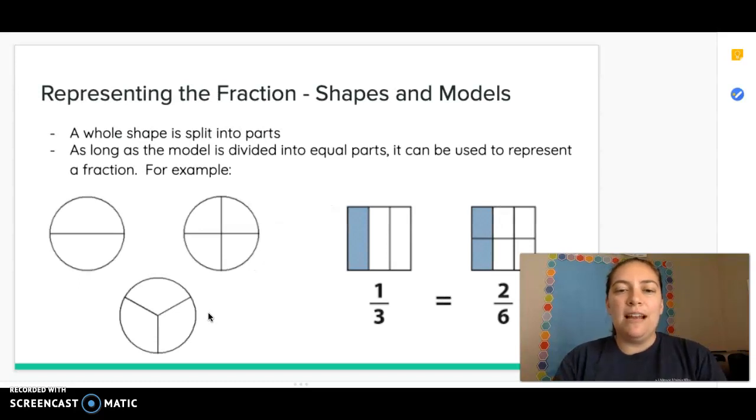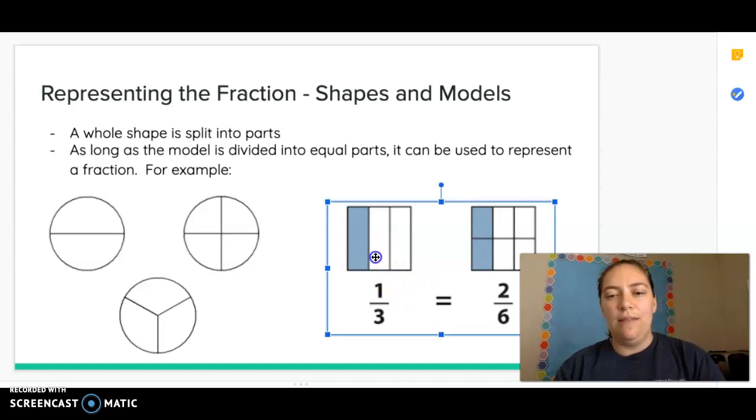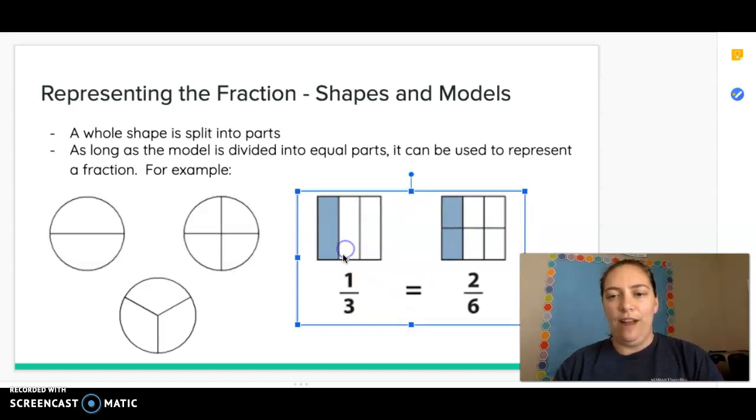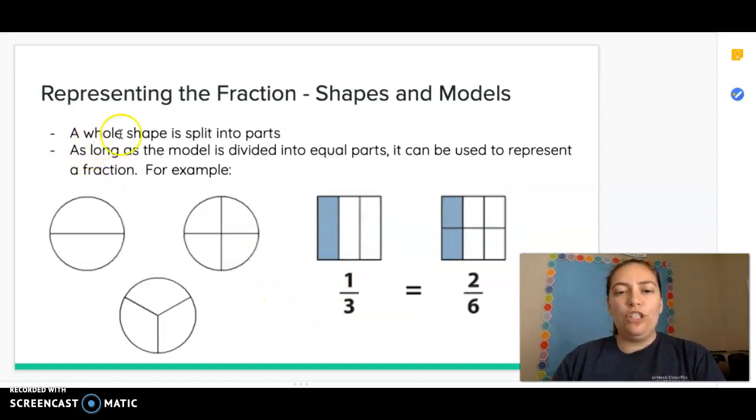So when we're representing the fraction, the first thing that we think about is using shapes and models to represent our fraction. A whole shape is split into parts. As long as the model is divided into equal parts, it can be used to represent a fraction. For example, you could represent the fraction 1/2 if I shaded in one of these. 1/2, which is the whole.